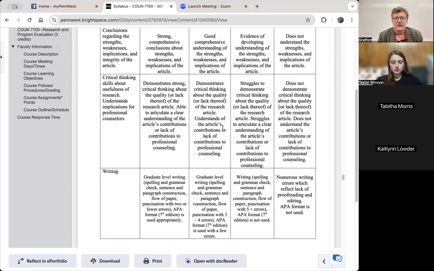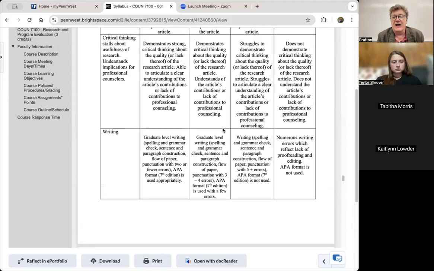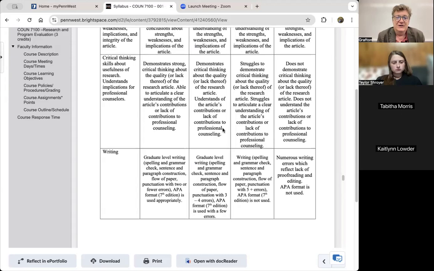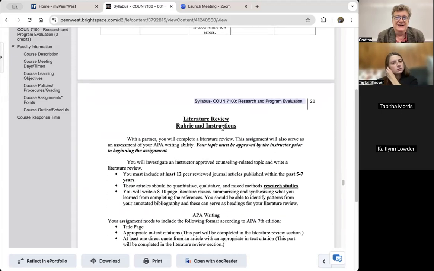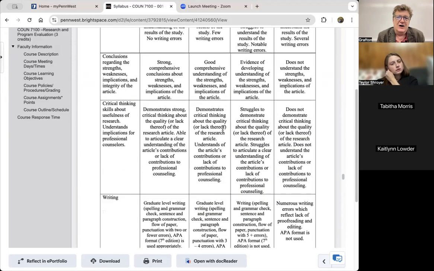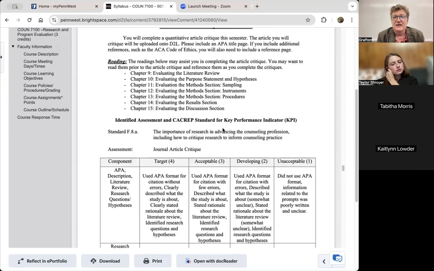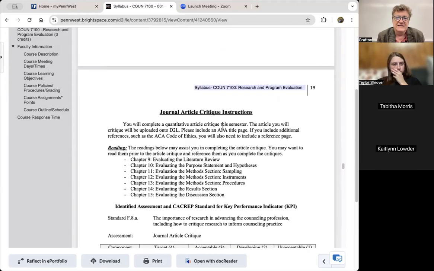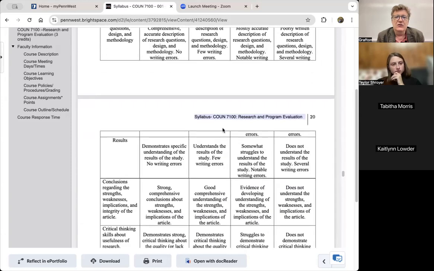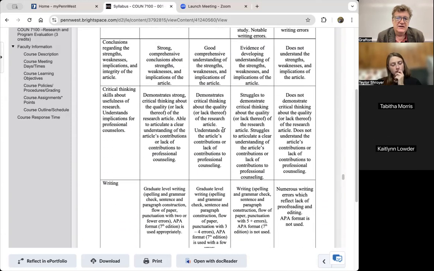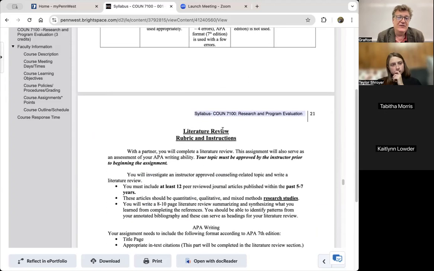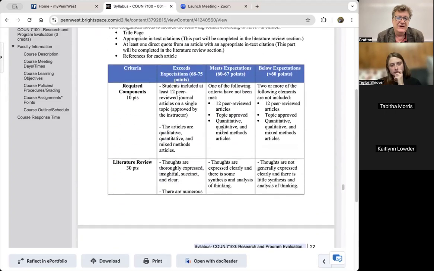And you should have graduate level writing. So that's it. Let's see. Doesn't look like it gives a number of pages for this.